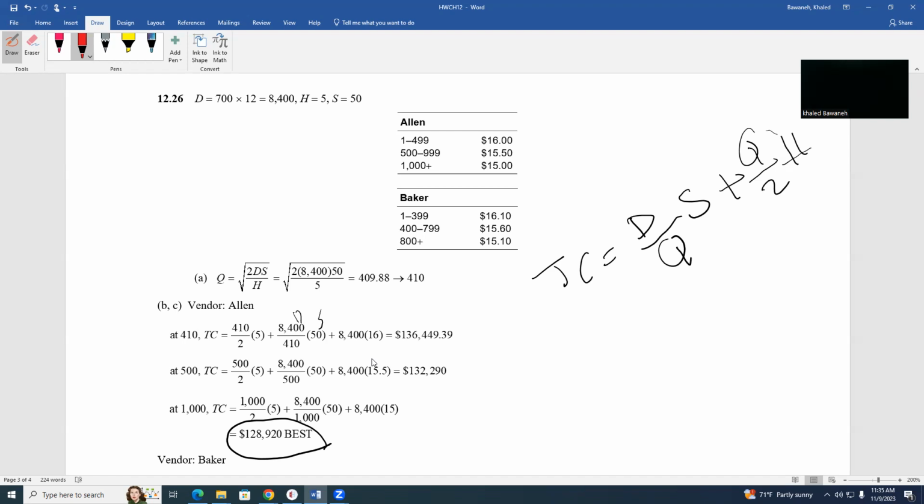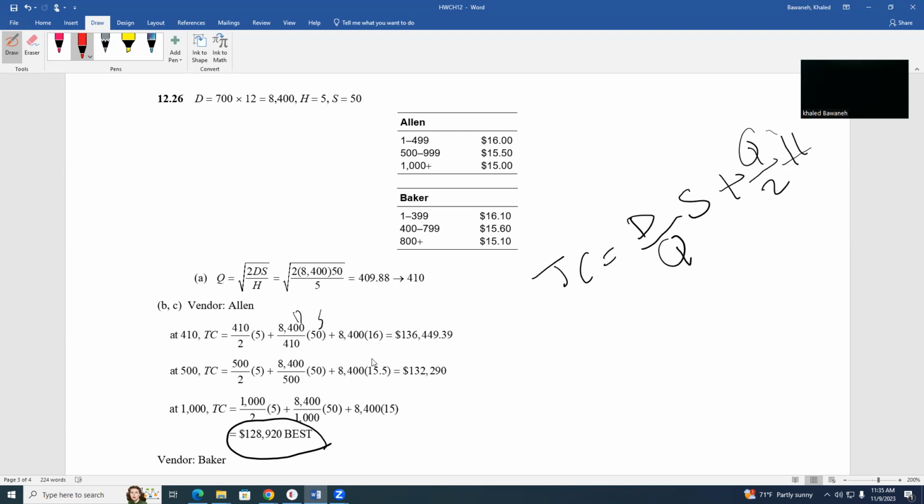In the example we did in class a few weeks ago, we used the price. Here, they are not using the price. So you take the first one, which is 1 to 499. Your EOQ is in the range, right? So use it. Find the total cost.